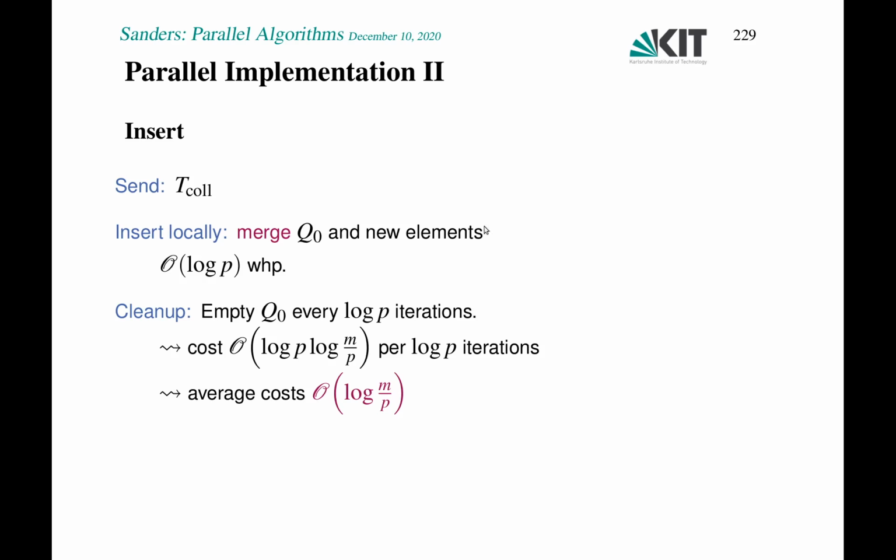And maybe for the flipped classroom, you can think about how exactly we get an overall cost of order log p here. Because the maximum number of received elements was this complicated log p over log log p, right?